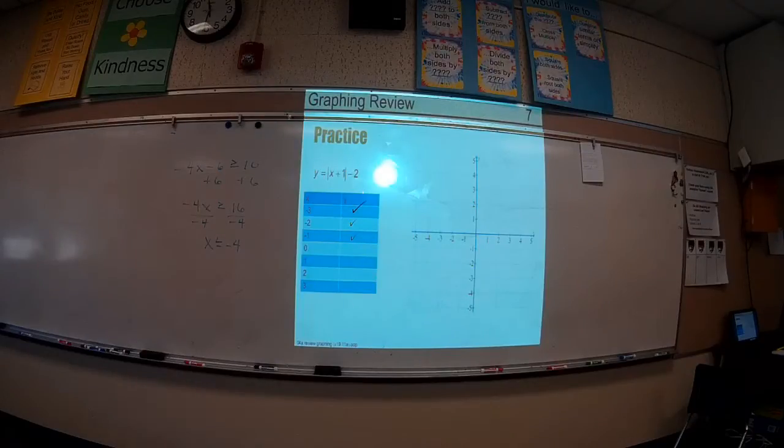Then graph it. I don't actually care about the table. The table just gets you to the graph.